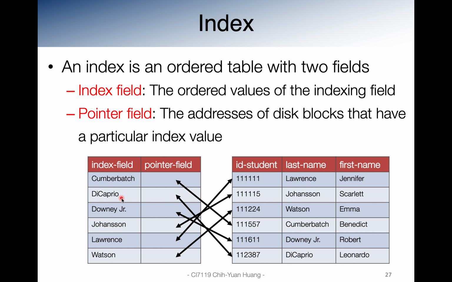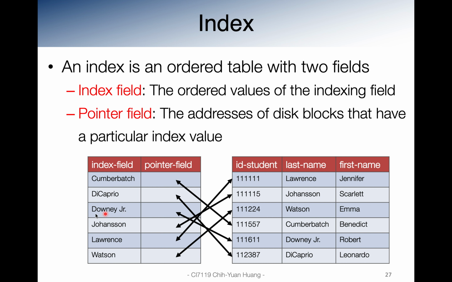Then we know that all the last names starting with D will just follow after this DiCaprio last name, and then you can do some linear search or binary search to find the specific last name that you want to find.